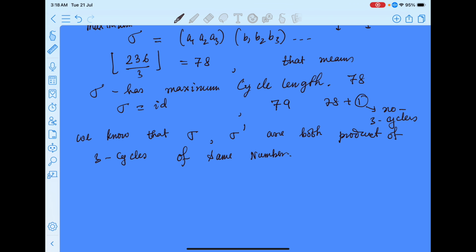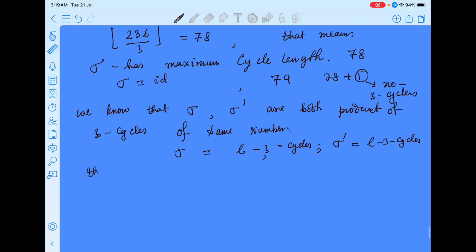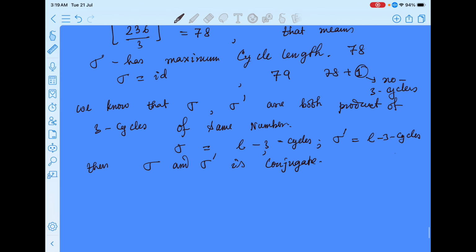Same number means same length. I mean, if sigma is a product of L 3-cycles, and let's say sigma prime is a product of again L 3-cycles, then sigma and sigma prime are conjugate. This is a very famous theorem. This is standard in any group theoretic book, so you can check it out.